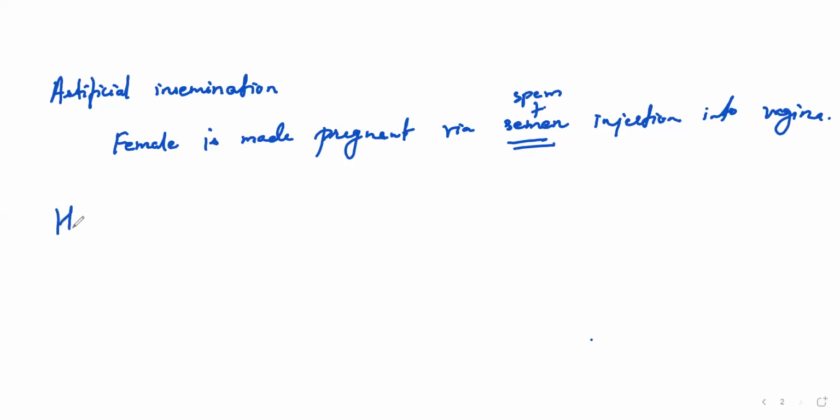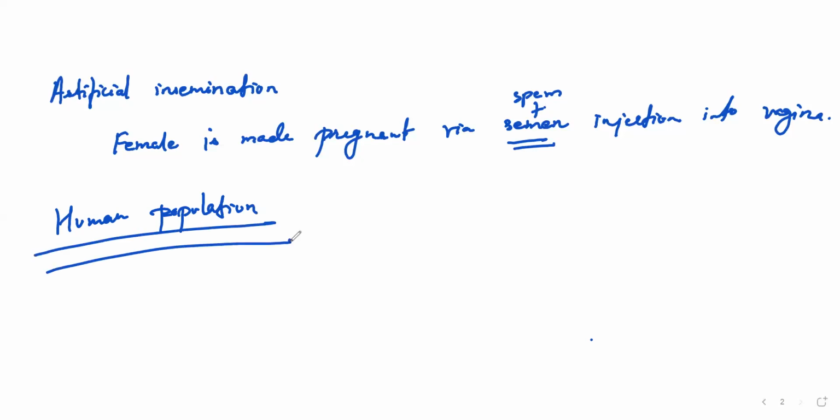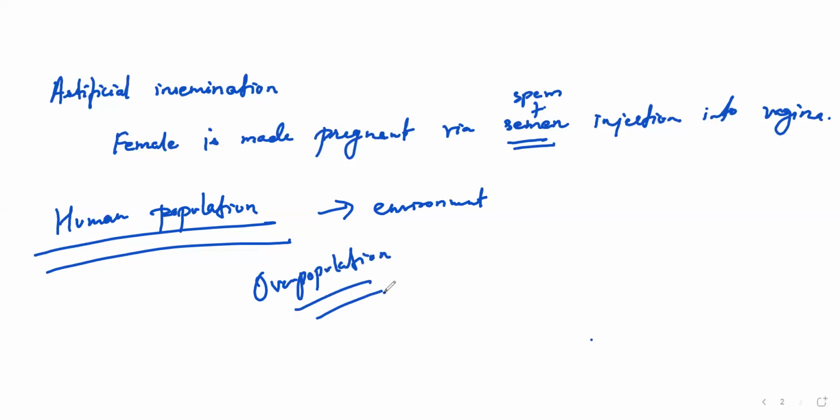Human overpopulation. Human overpopulation will completely affect the environment. So for this reason, there are certain methods which are used to control overpopulation. So what are the methods by which we can reduce or control the population?